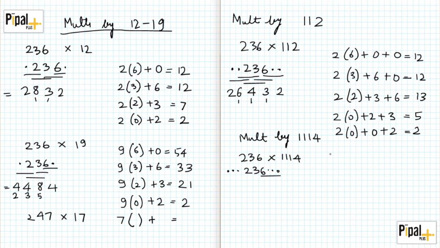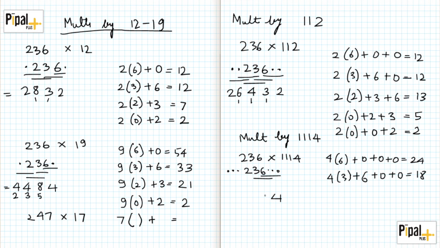So the units digit will be given by the computation 4 times 6 plus 0 plus 0 plus 0, which gives me 24. So I write a 4 here, right? Then the next set of 4 digits is 3, 6, 0 and 0.